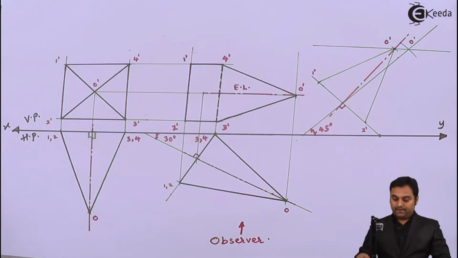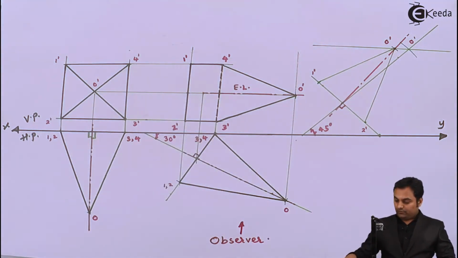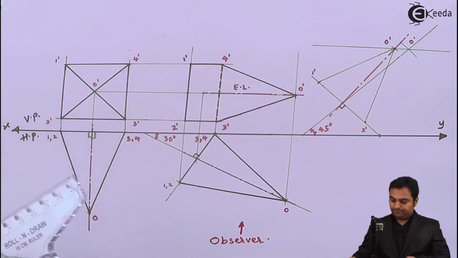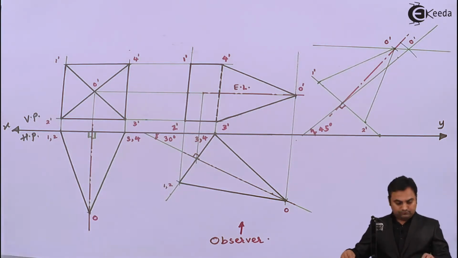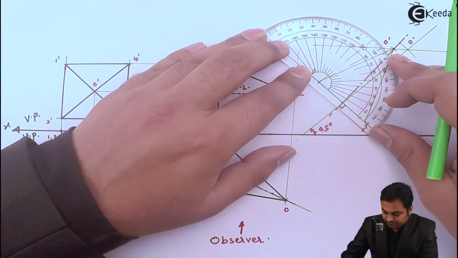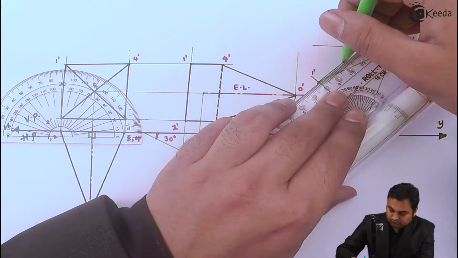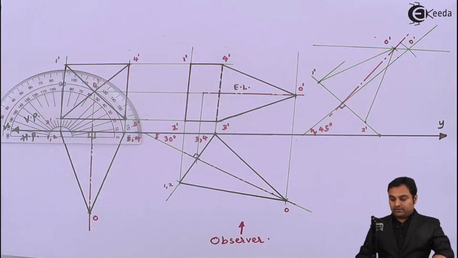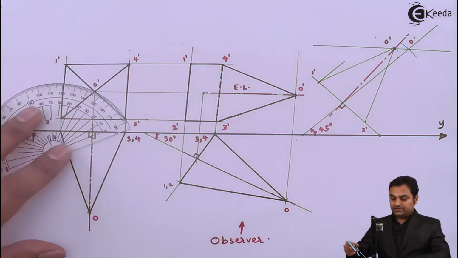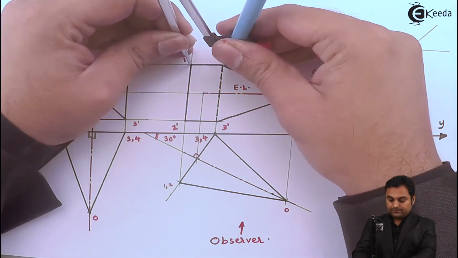After that, here there is also edge 1 to 4. So for that, from 1 I'll draw a perpendicular, and I'm going to mark over it a distance equal to 1 dash 4 dash.